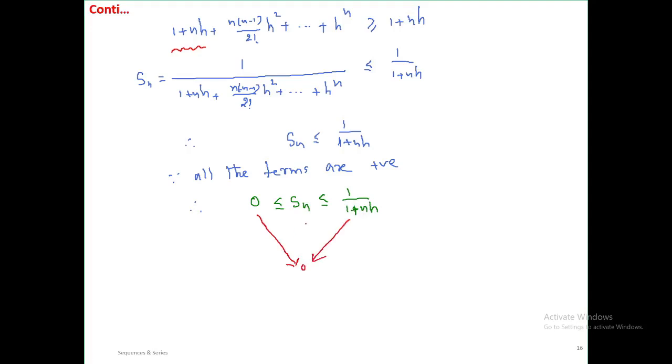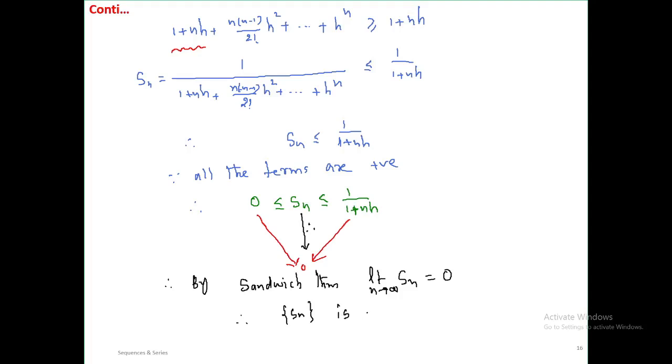Therefore, by the sandwich theorem, I can say that the limit as n tends to infinity of Sn is 0. Therefore the sequence Sn converges because 0 is finite.